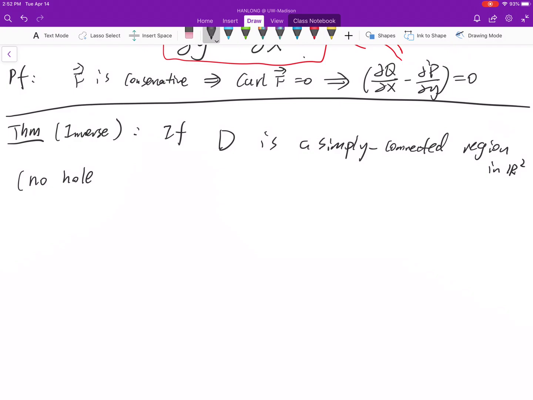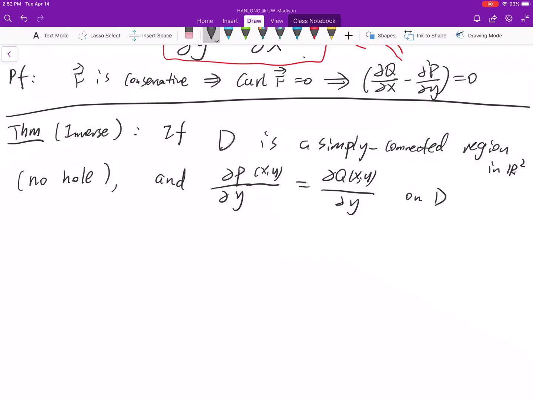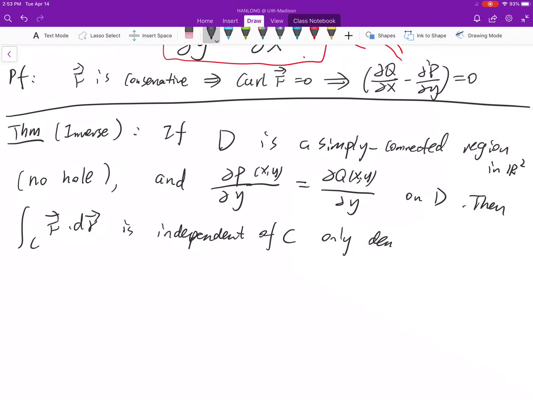Recall, so far we only care about the 2D case, and you have this necessary condition on D. Then the integral of F dr is independent of path, only depends on the boundary points.